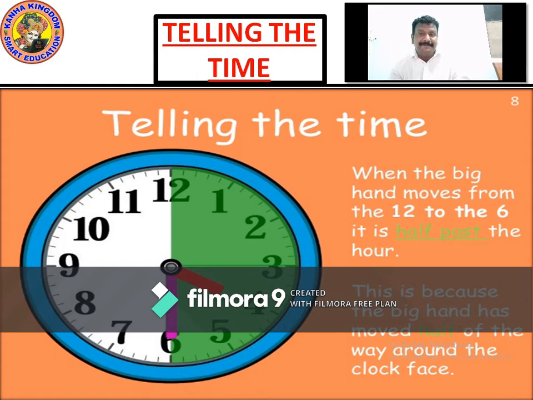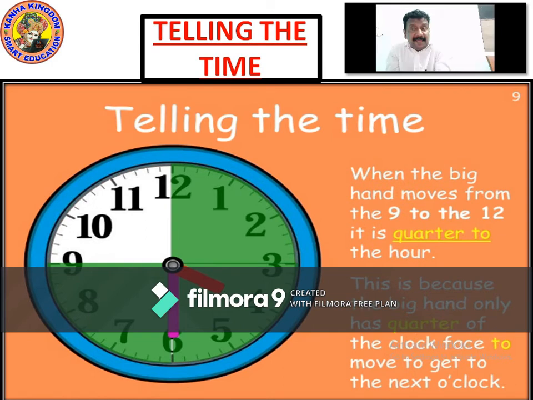Please write this down. Now, telling the time again. When the big hand moves from 9 to 12, it is quarter to the hour. What is it called? It is called quarter to the hour. This is because the big hand only has a quarter of the clock face to move to get to the next o'clock.